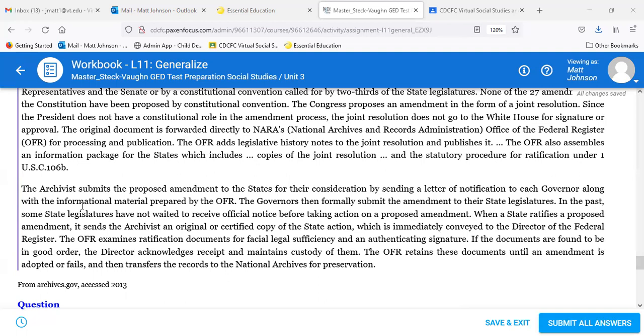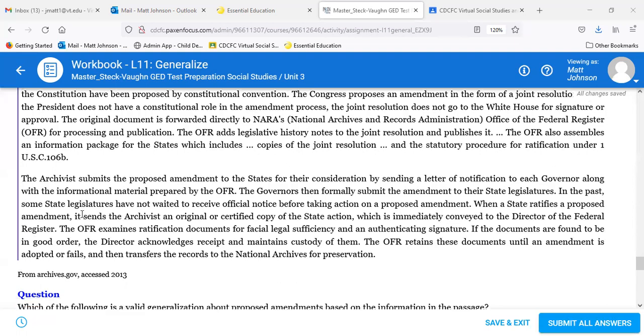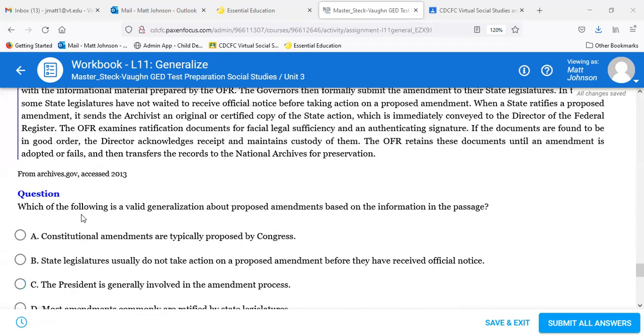The OFR retains these documents until an amendment is adopted or fails, and then transfers the record to the National Archives for preservation. Okay, and that's from archives.gov. So that's the National Archives and Records Administration.